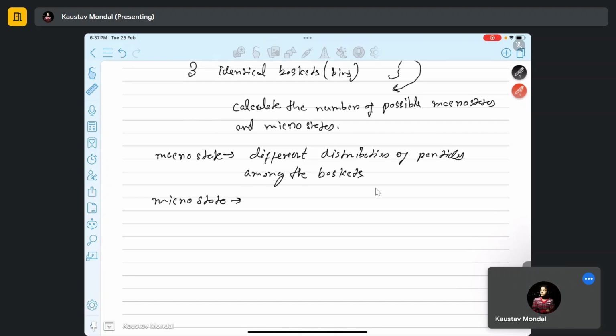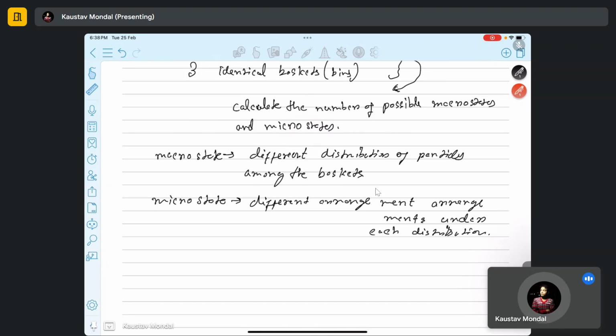Microstate means, under each distribution, the possible different arrangements under that particular macrostate.